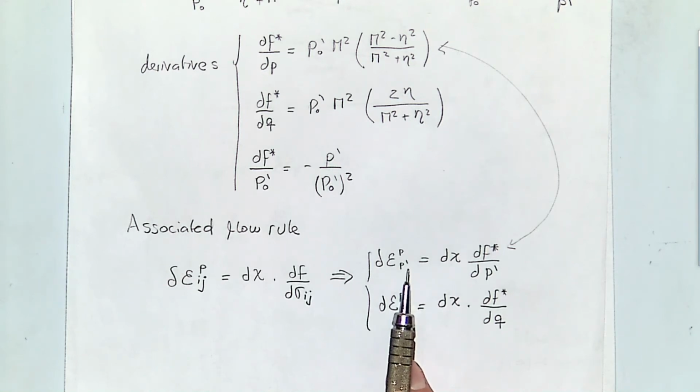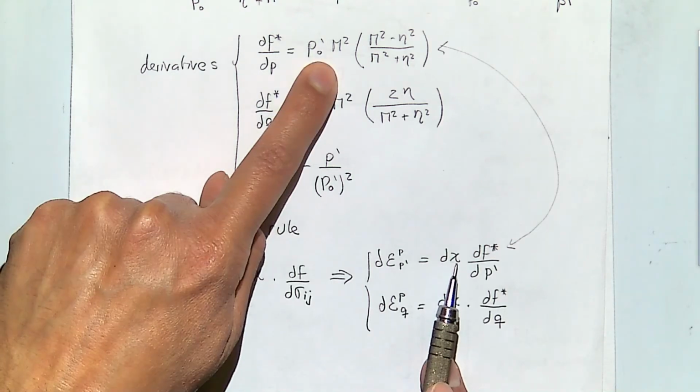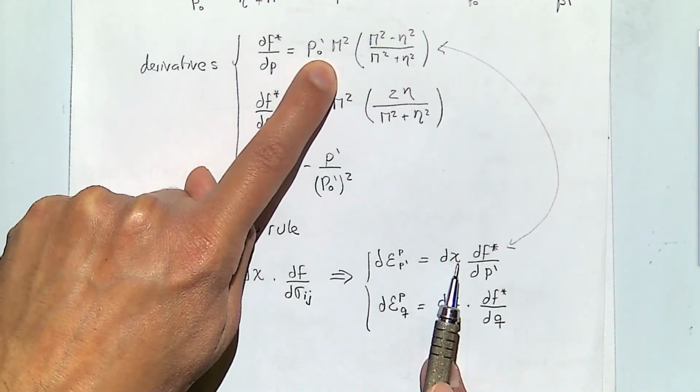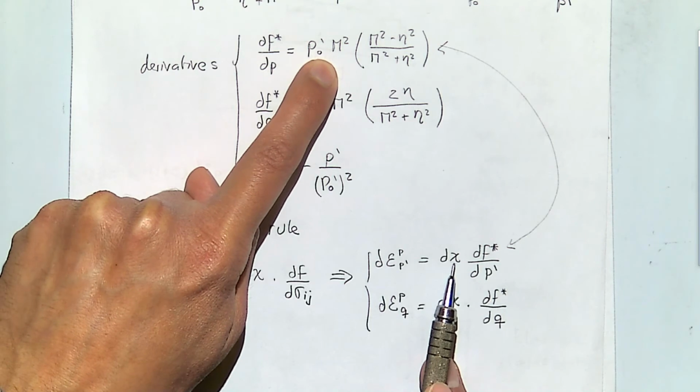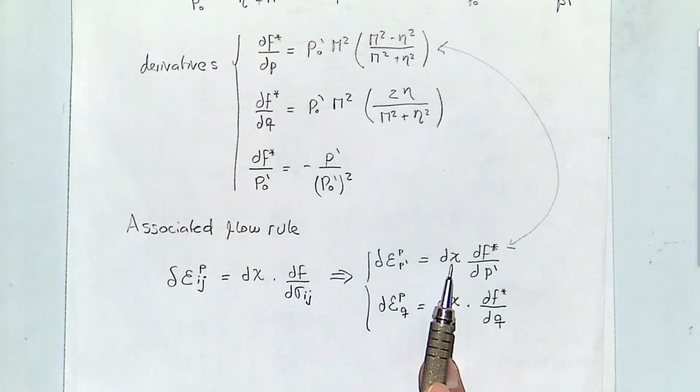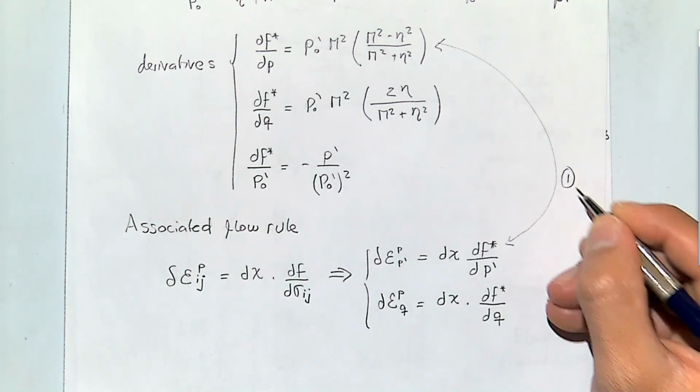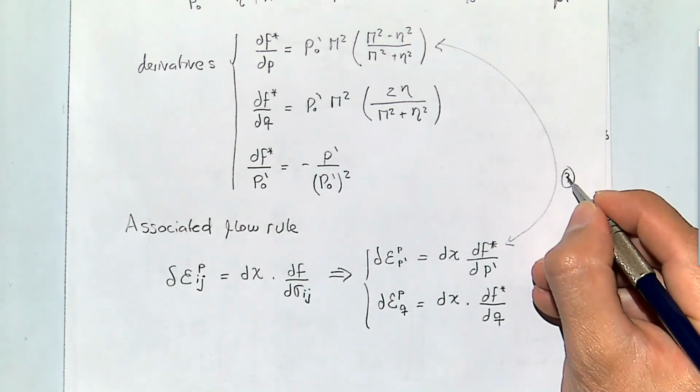So this is the volumetric plastic strain, and it's going to be this parameter times that at the yield surface. This is just from the flow rule. But I have another piece of information. Let's call this one 1. Well, let's call it 3.